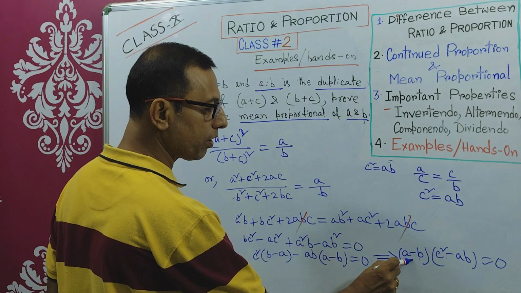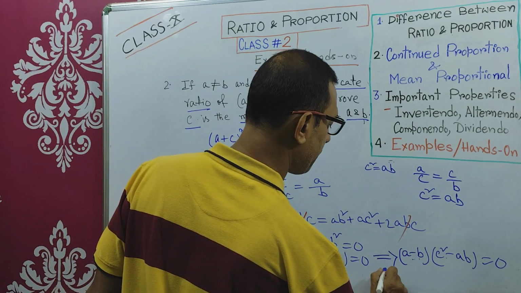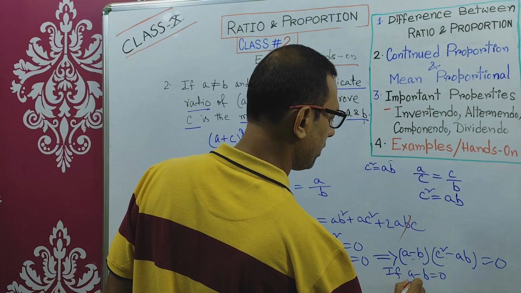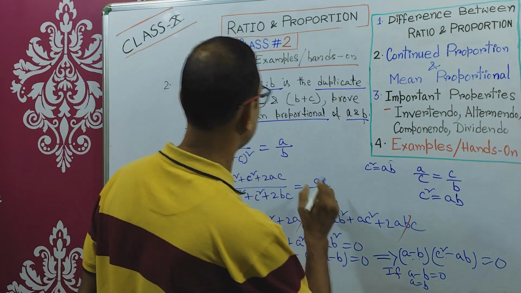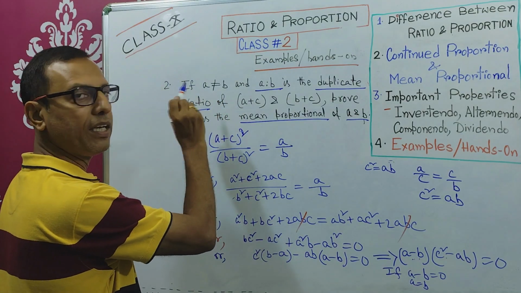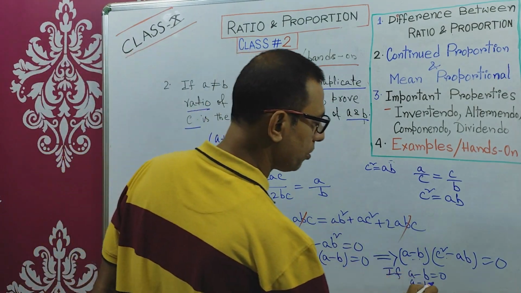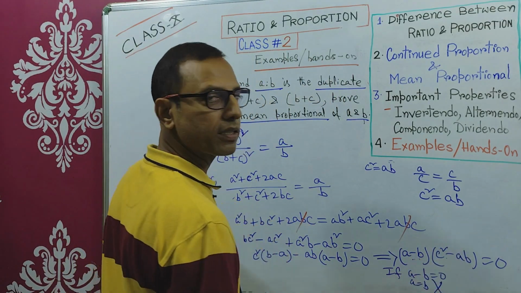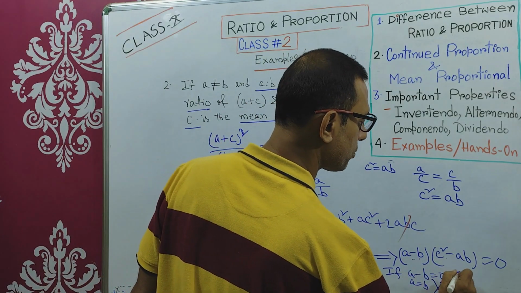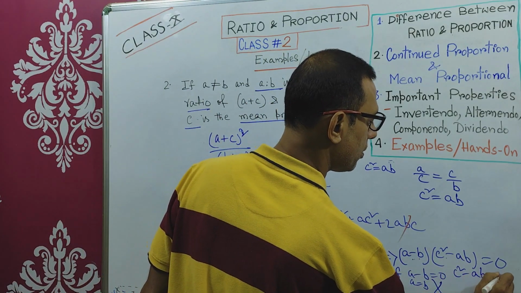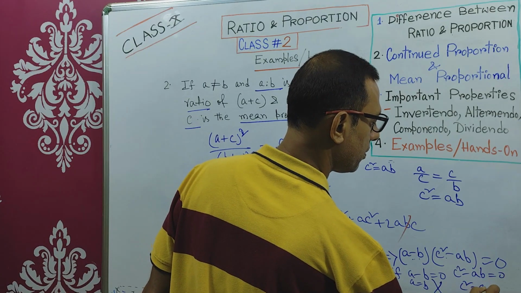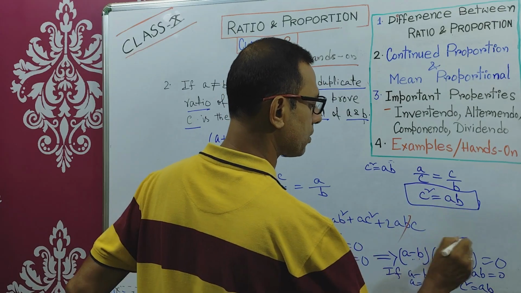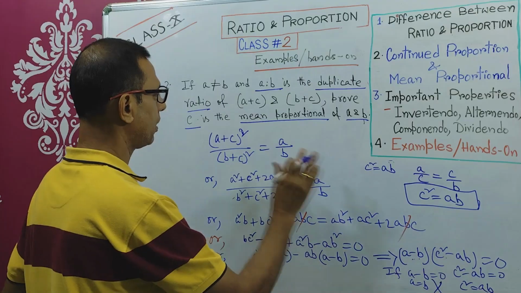But if A minus B equals 0, then A equals B, and you cannot have that, since A not equals B. So this condition will not be here. Then C square minus AB equals 0, which means C square equals AB, and that is what you need to prove.